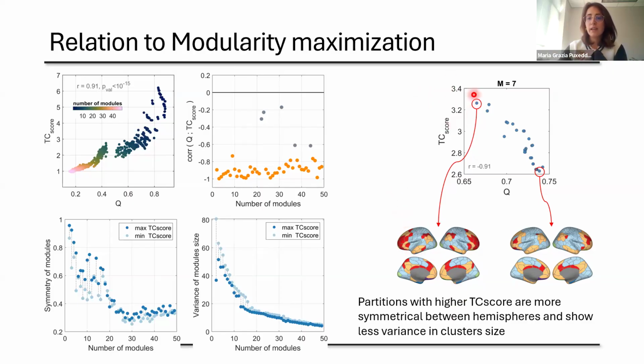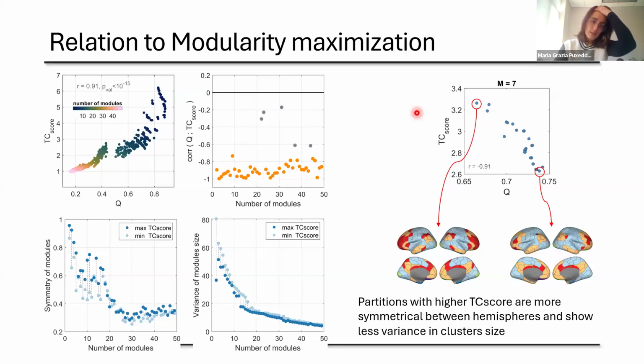So we expect that among all the partitions with 7 modules, on this side of the graph, we have partitions that are more symmetrical and whose clusters display less variance in size. And these are rewarded by t-score. So this is something that is different between t-score and Q, and that we can access by looking at higher order interactions.